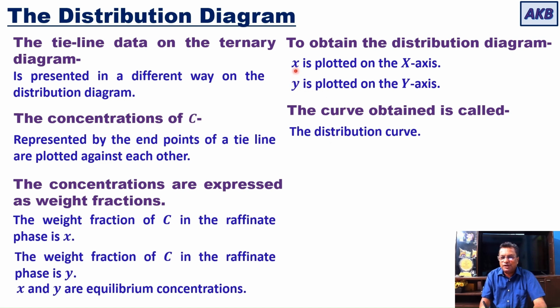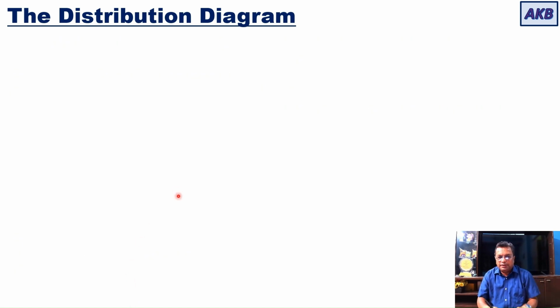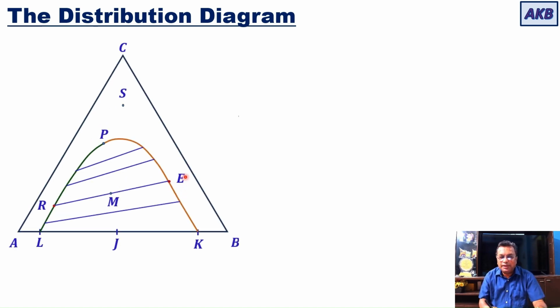So when you plot X against Y, you get the distribution curve, and the resulting diagram is called the distribution diagram.